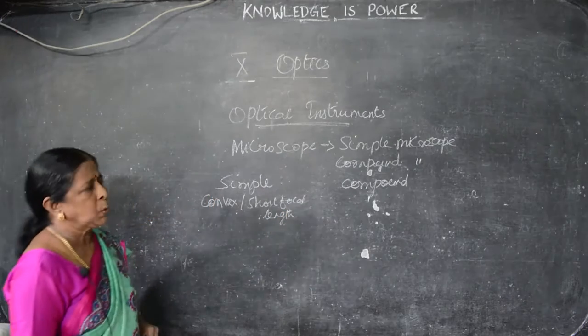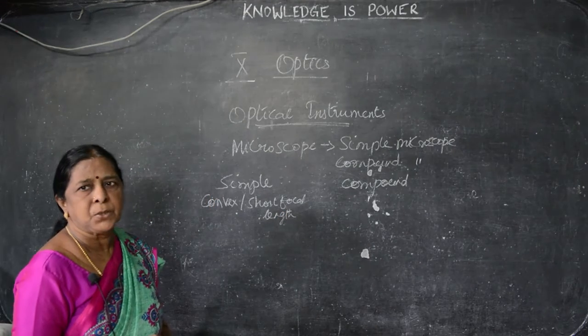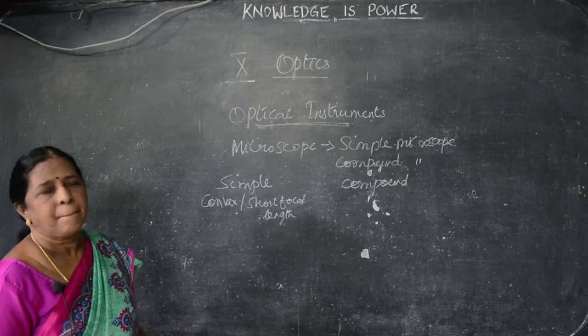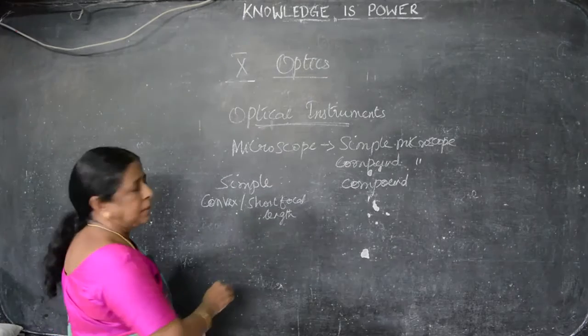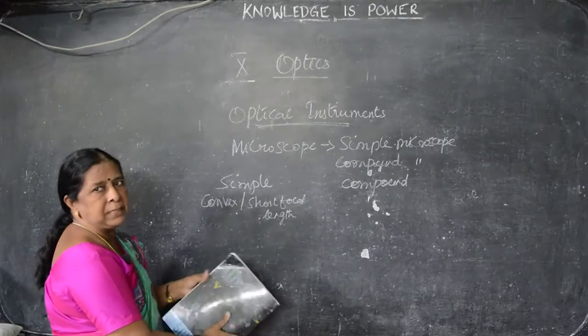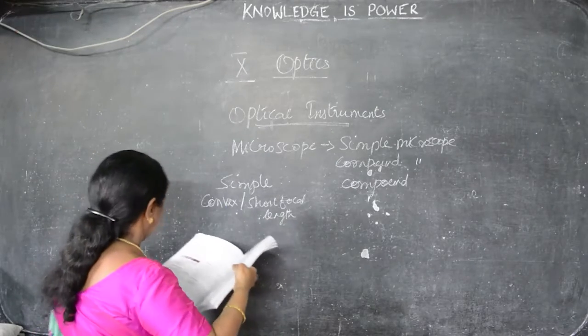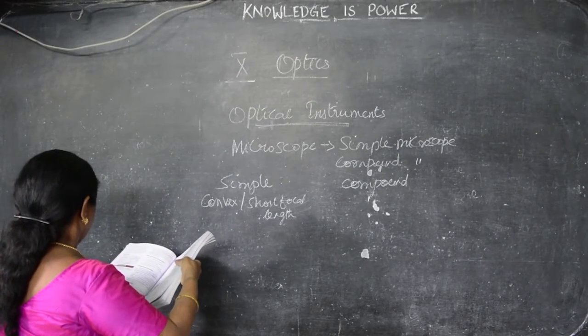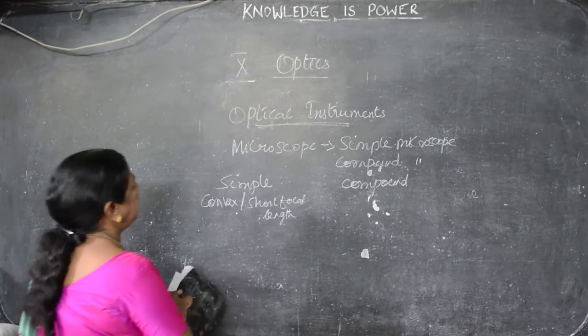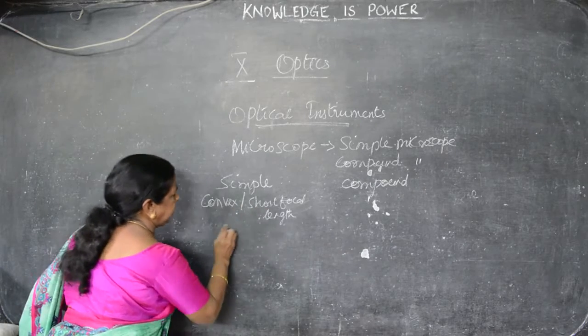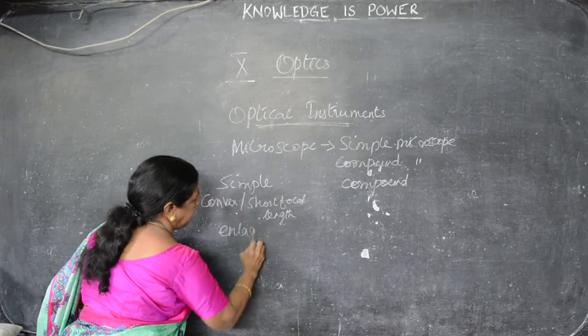The simple microscope, what lens is used in this? Convex lens is used and it has short focal length. By keeping it very close to the eye, we get an enlarged image.